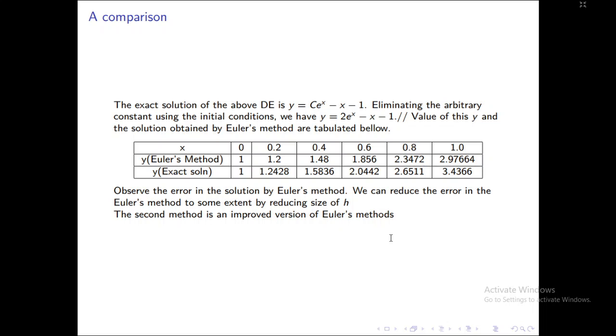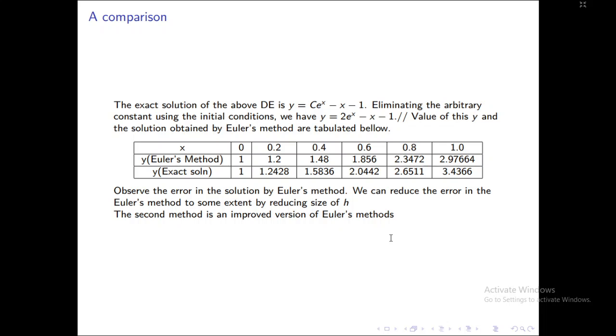So the method we can use here is, it is a linear equation and therefore we can solve it as the complementary function plus particular integral, and that gives the value of y as c e raised to x minus x minus 1. And we can eliminate the arbitrary constant c using the initial condition y of 0 is equal to 1, and that will give the exact solution y is equal to 2 e raised to x minus x minus 1.